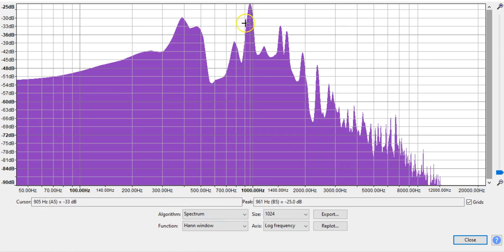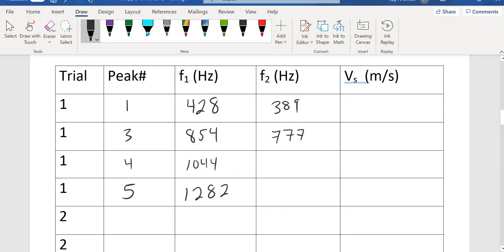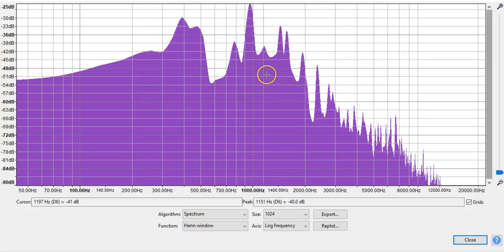And here it looks like that one's right on, and I'm going to go with 959. And then the last one is this one here, 1160.